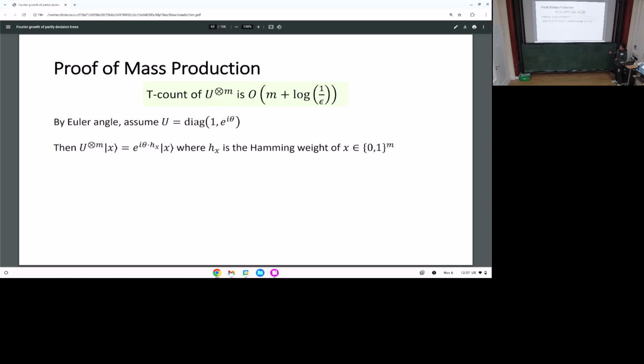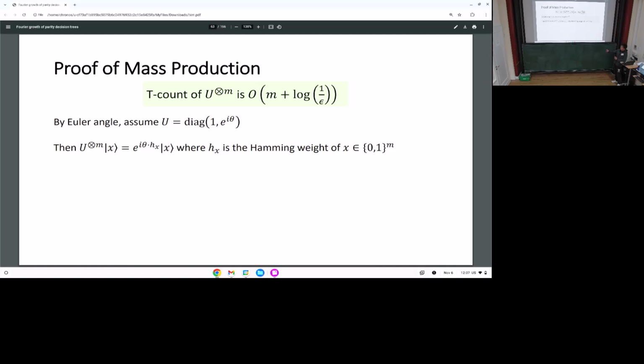So now let's take a look at its behavior on my input state. Let's assume x is some computational basis state, and we apply U tensor m on it, and you will find that it actually just adds a global phase.